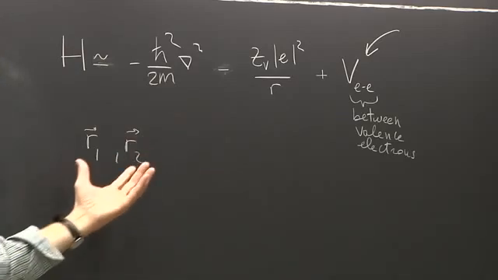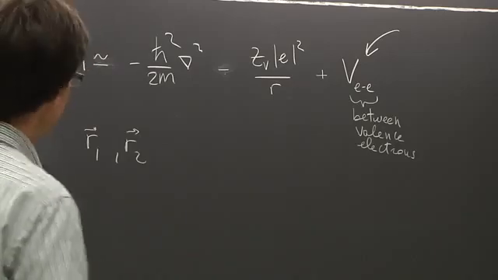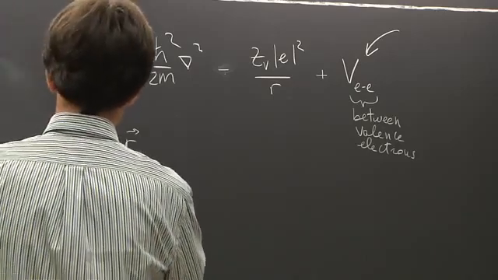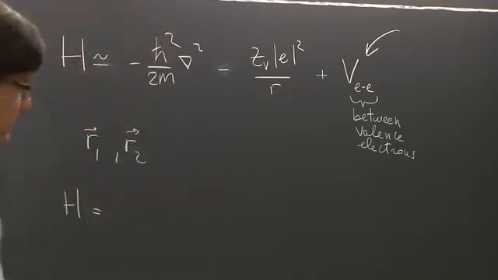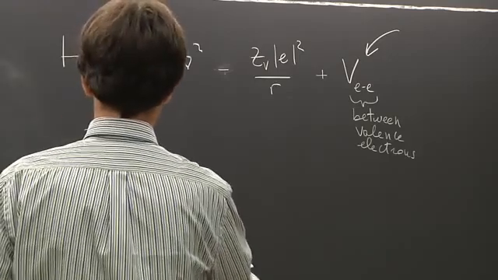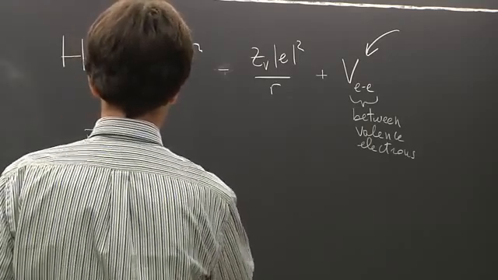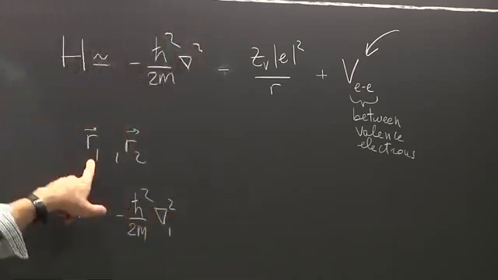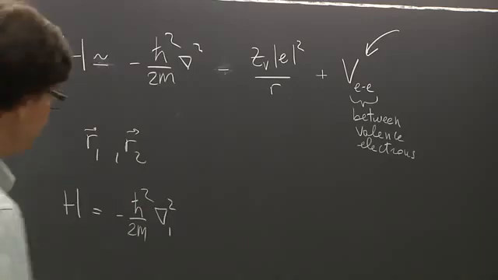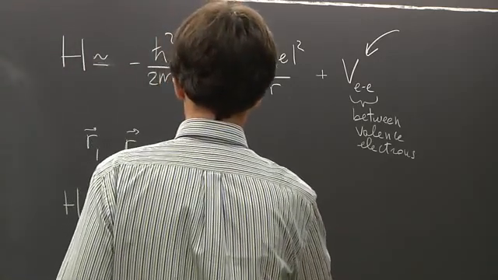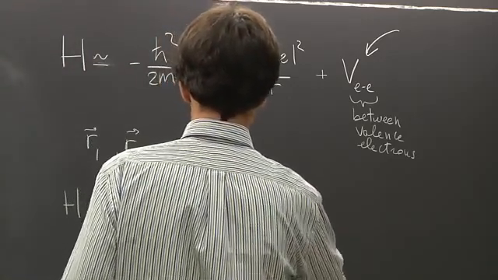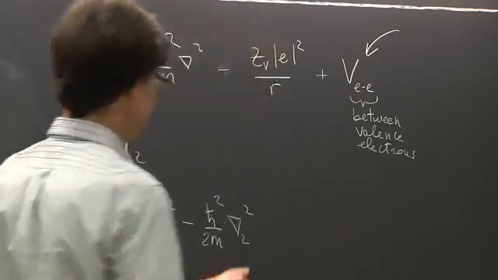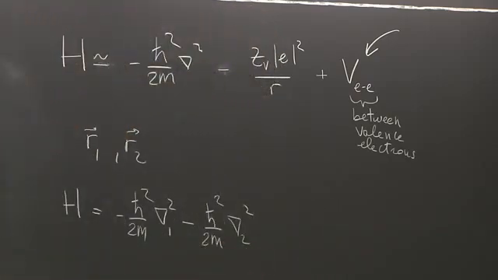The real Hamiltonian of a two-particle system is a Hamiltonian that must contain both variables, right? So it will contain the gradient of the wave function with respect to particle 1, that would be the gradient with respect to this coordinate. Then there will be the gradient with respect to the other coordinate, coordinate 2.